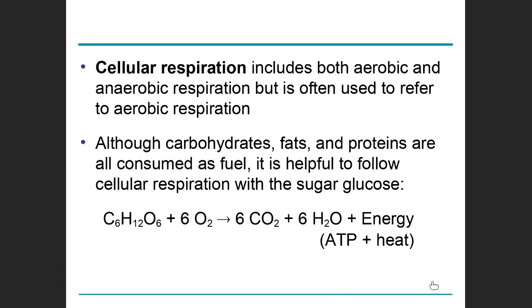And there are 2 forms of energy, ATP and heat. Heat is actually the greater of the 2. More of that chemical potential energy in the glucose molecule is lost as heat than is made into ATP. It's roughly about 40% ATP and 60% heat.